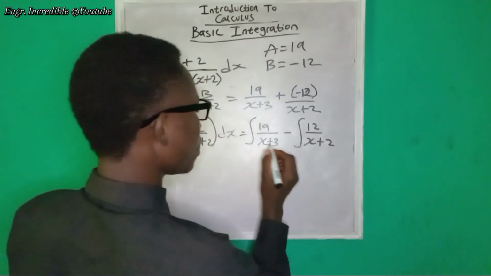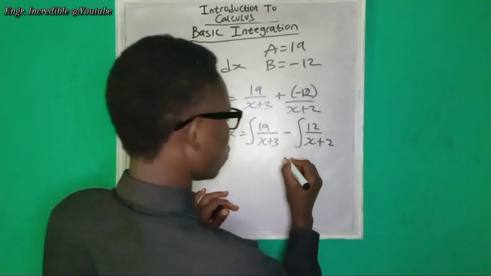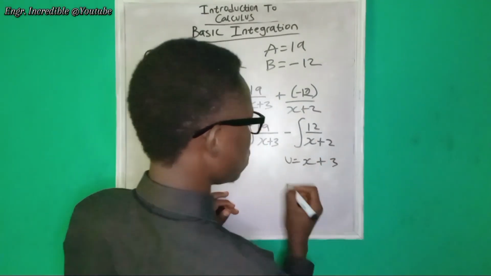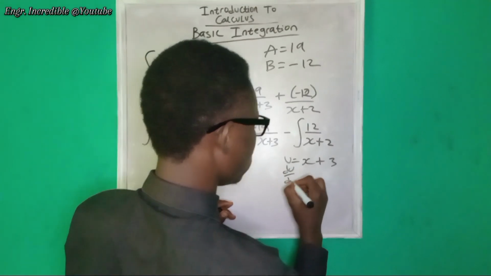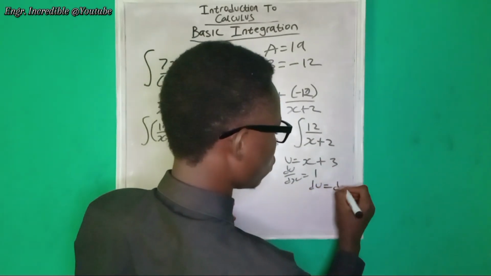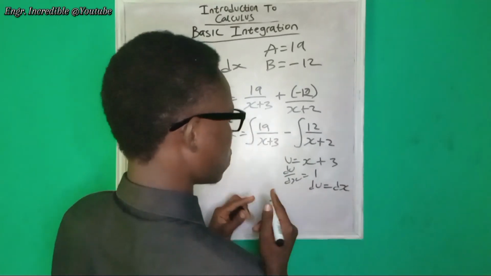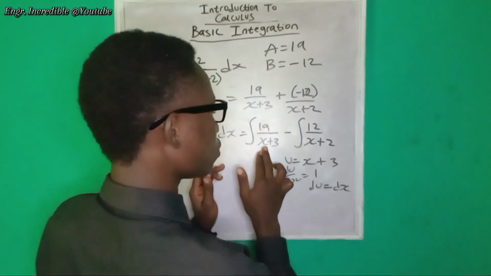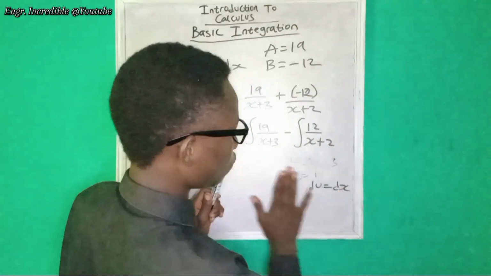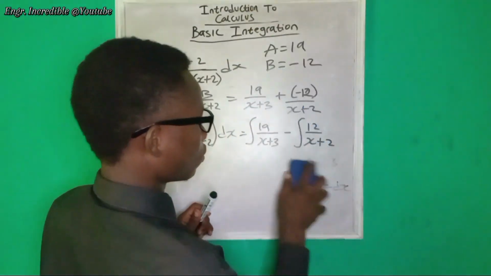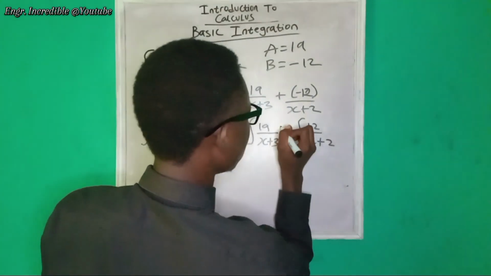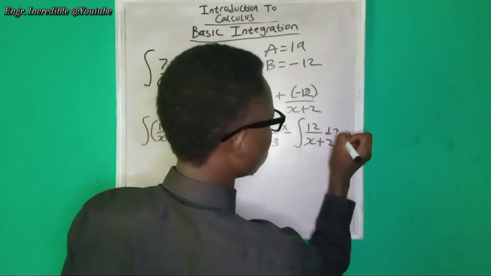So we have x plus 3 here. u will be equal to x plus 3, that means du dx is equal to, differentiating this, du is equal to dx for this part. We also have a dx here and a dx here.